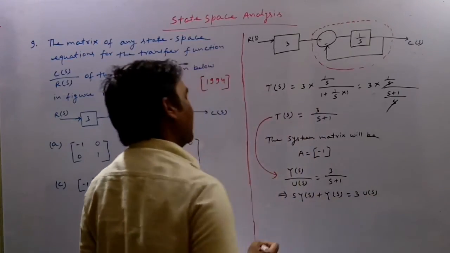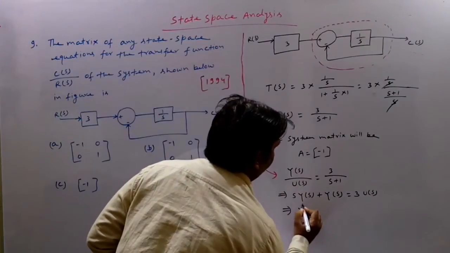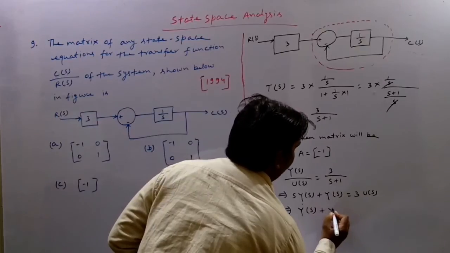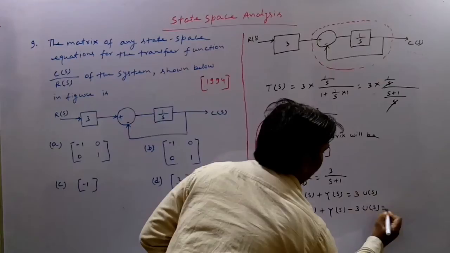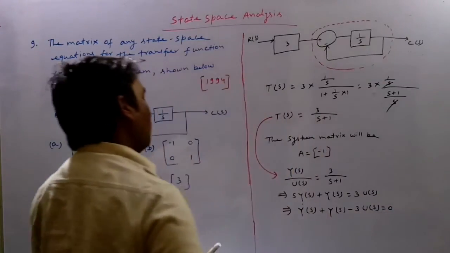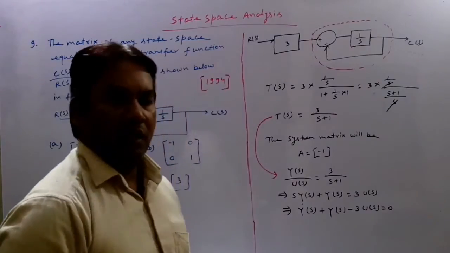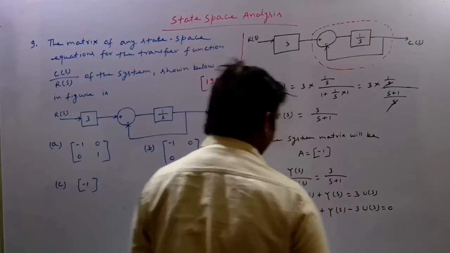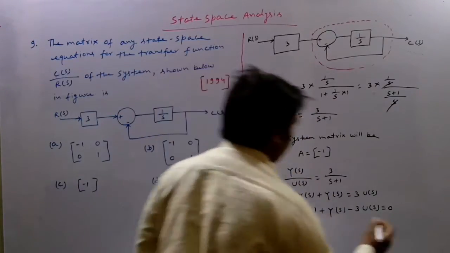So s into Y(s) is nothing but y dot (s). So it is y dot plus y minus 3 into u equal to 0. Now if we take y as x1, let me write here.